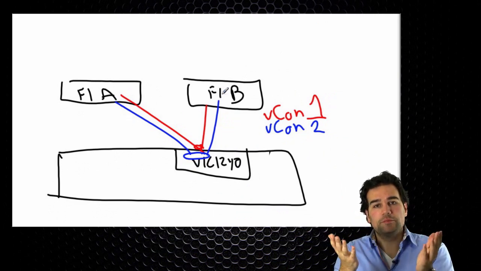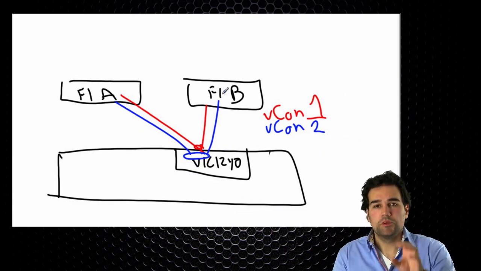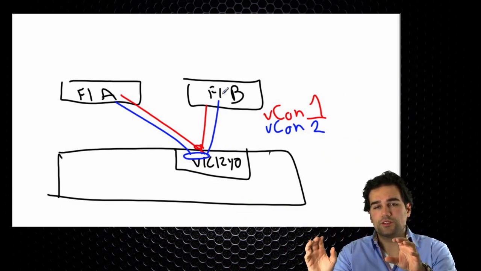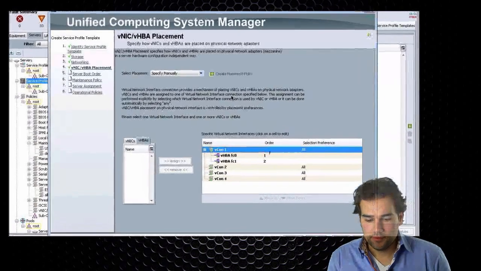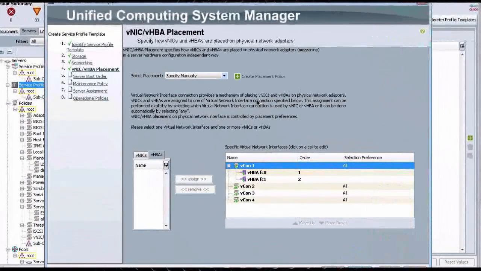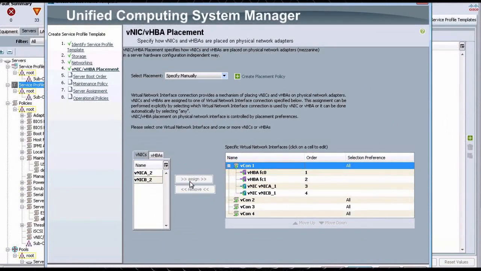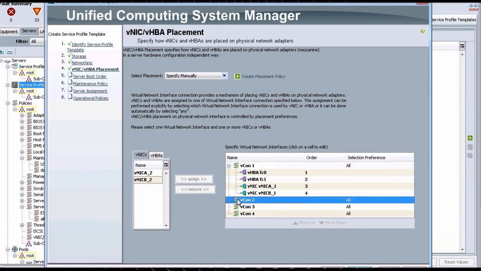So both of my VHBAs can go into a single vcon because I'm just allocating hardware resources here. So in this case, I'm going to say my VHBAs go into group 1. Then NIC A1 is going to go into vcon 1, and NIC B1 is going to go into vcon 1. And next I'm going to say NIC A2 is going to go into vcon 2, and NIC B2 is also going to go into vcon 2.